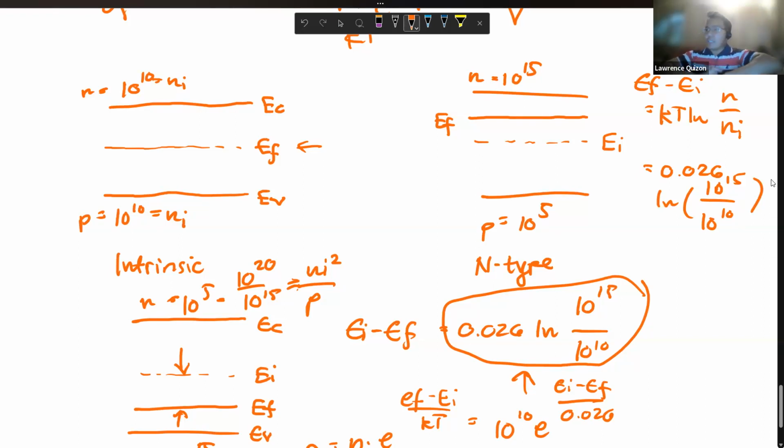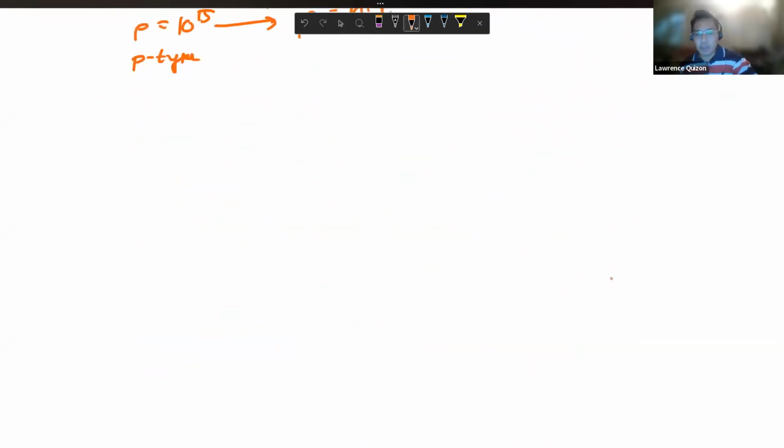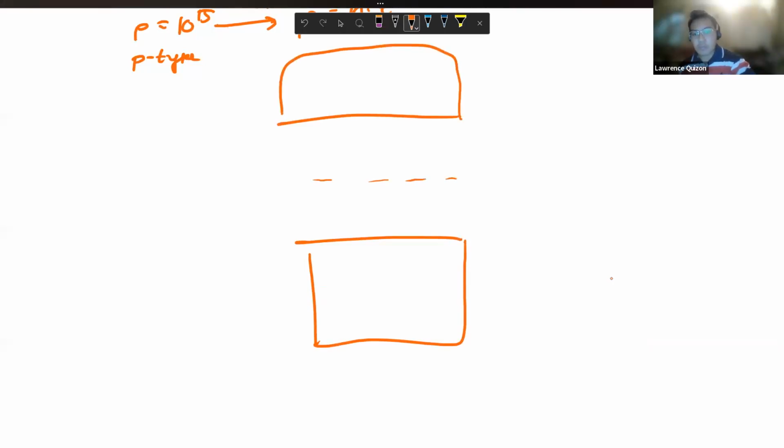Kahit po ba nasa EV, carrier pa din po yun? Yes. Kasi, sige. So, let's clarify this one, no? So, dun sa valence band, you have a lot of electrons, but you don't care about any of them because they're not carriers. They're in valence bonds. What do you care about in the valence band? It's the lack of electrons because the lack of electrons in the valence band are holes, no?